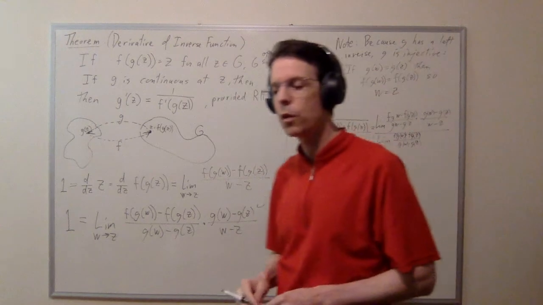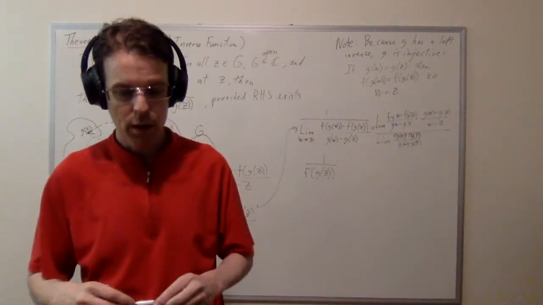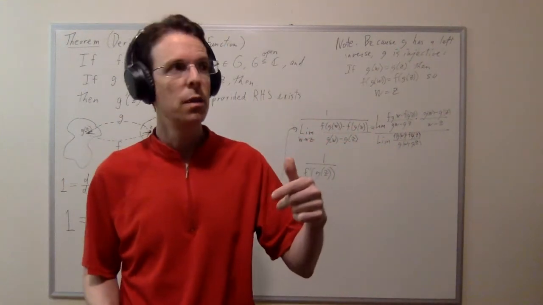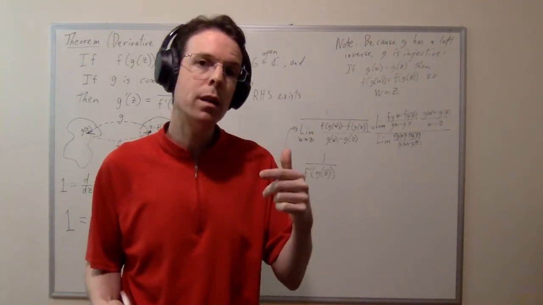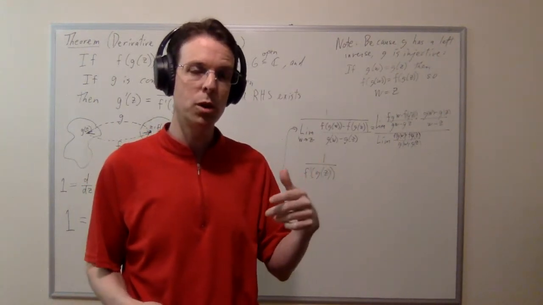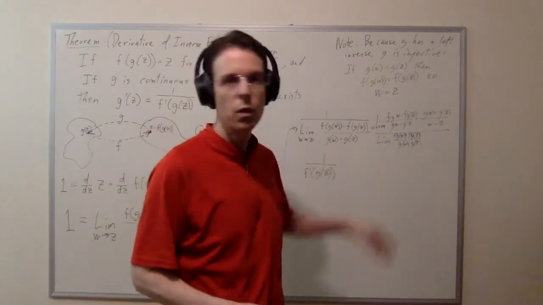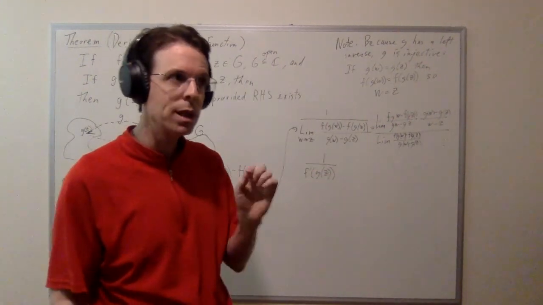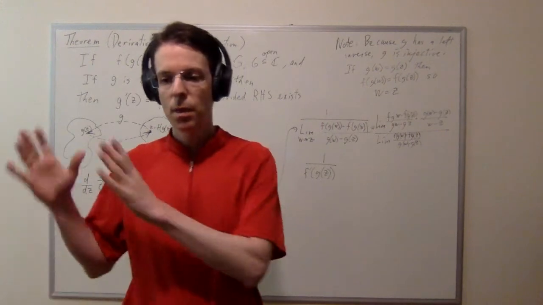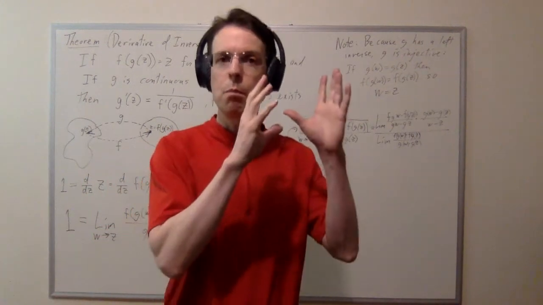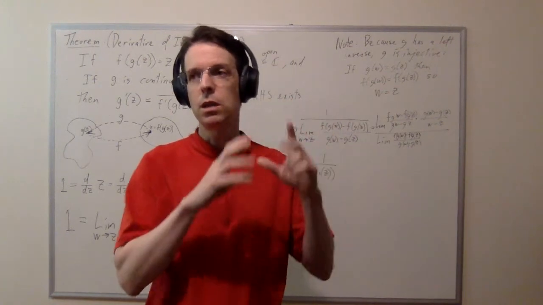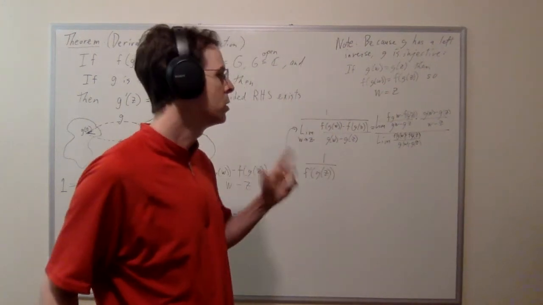Now, the quotient law for limits tells you that the limit of a quotient is equal to the quotient of the limits, provided that the two limits in that quotient both exist, and the one that has to go in the bottom is not 0. So basically, the quotient law for limits says the limit of a over b is lim a over lim b, provided both lim a and lim b exist, and lim b is not 0.